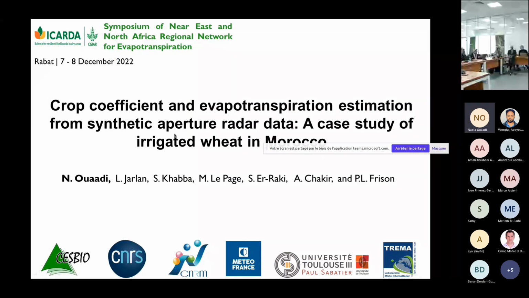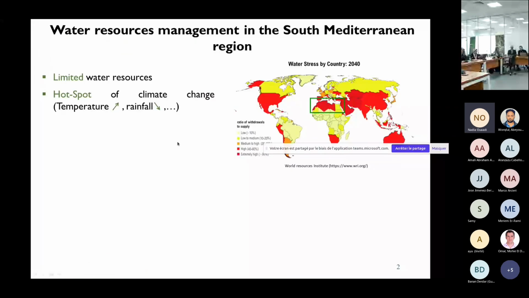As we all know, the water resources in the South Mediterranean are limited, and this situation will be further aggravated under the effect of climate change, which is characterized by rising temperatures, frequent drought events, and a decrease in the rainfall amount.